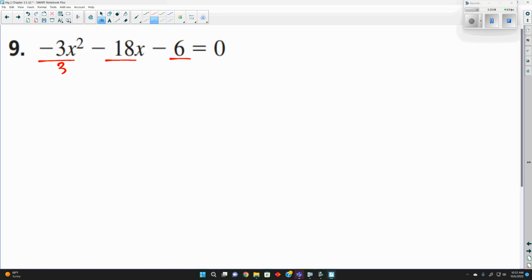I would agree dividing by 3, but we need something else. Negative 3. Because again, the number in front of x squared needs to be positive 1. So negative 3x squared divided by negative 3 is going to be x squared.